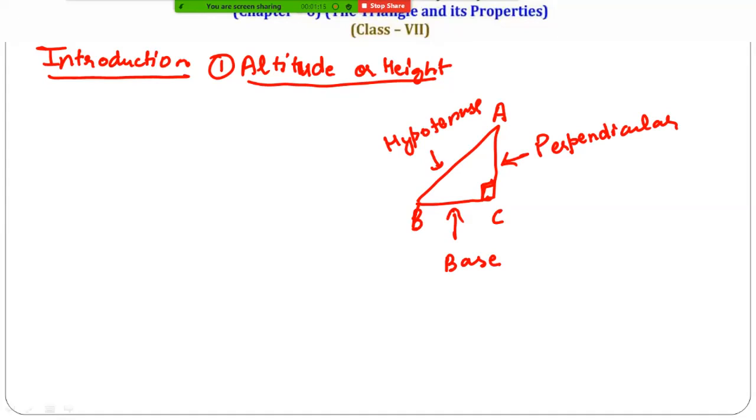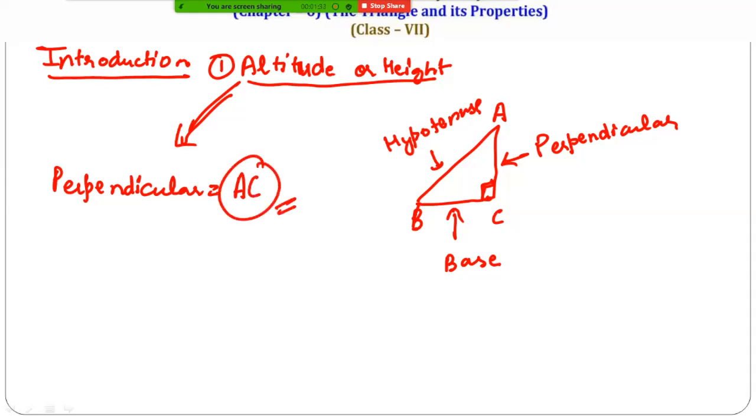So altitude or height is basically the perpendicular. So if I say what is altitude or height of this diagram, so perpendicular here is AC, so altitude or height or perpendicular is AC for this diagram.